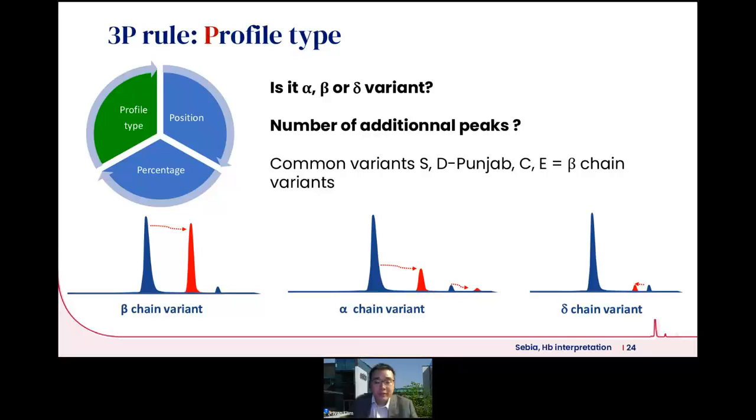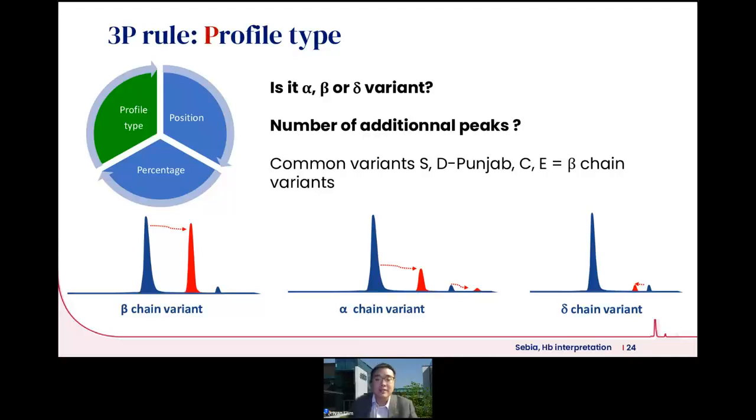For a beta variant, because the beta gene is only present in hemoglobin A, you see just one splitting of hemoglobin A. For an alpha chain variant, you see multiple splitting of all the hemoglobins because every hemoglobin requires the alpha chain, except for the most abnormal types where alpha is totally deficient, in the thalassemic conditions. Otherwise, with alpha chain variants, every hemoglobin will be split.